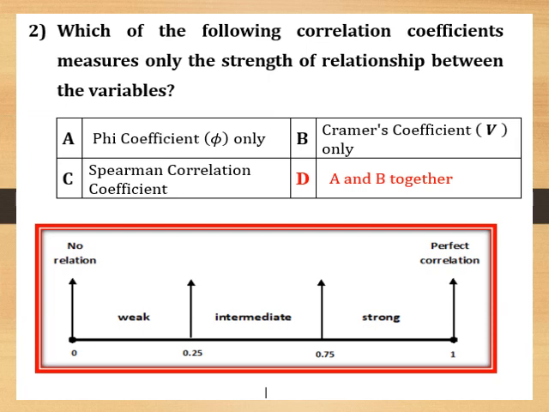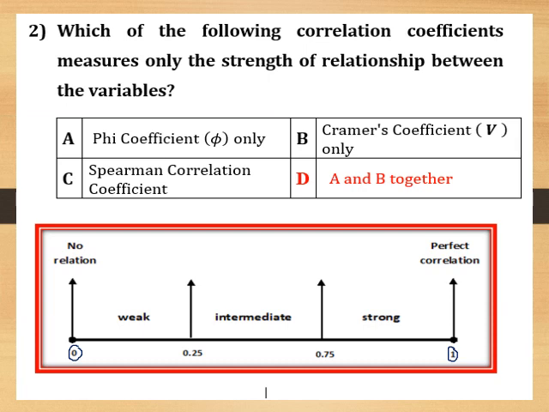And the value of the correlation coefficient is between 0 and 1, not negative. So in nominal variables, the correlation coefficient is between 0 and 1 only, so it is always positive.